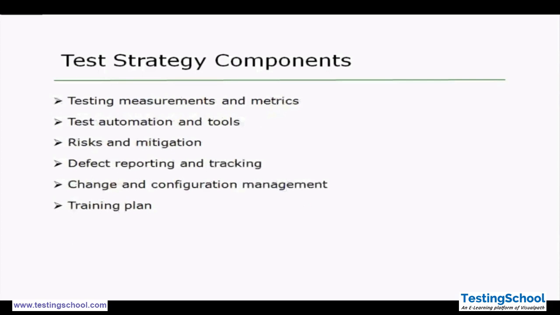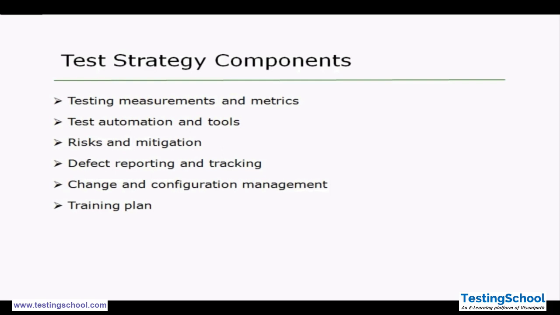Then we have the testing measurement and metrics. So how you measure your testing on the basis of any particular metric, or you manually do your measurement, like the requirement traceability matrix that we call RTM, or how you measure your testing effort. Then the test automation and tools, like what expertise we have.